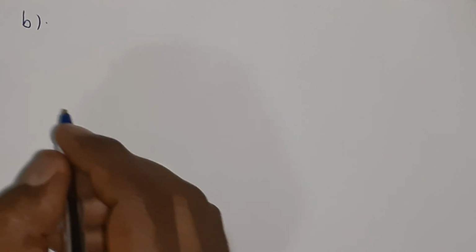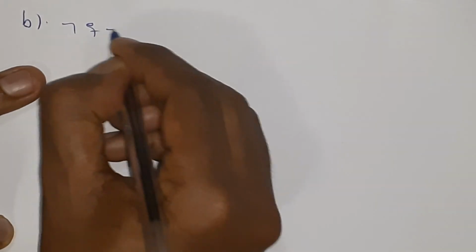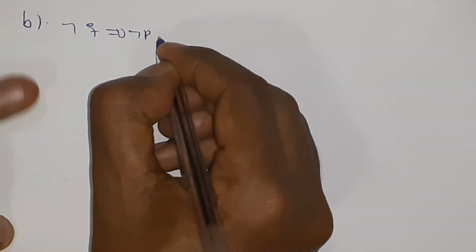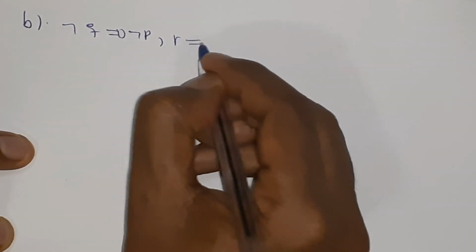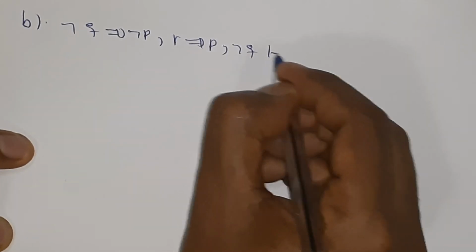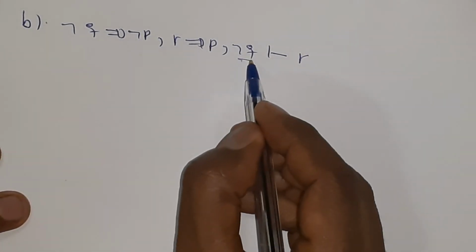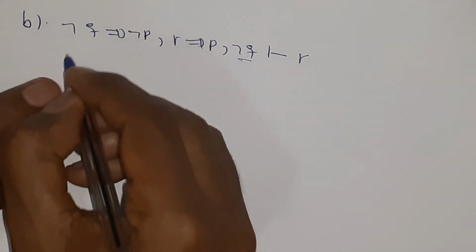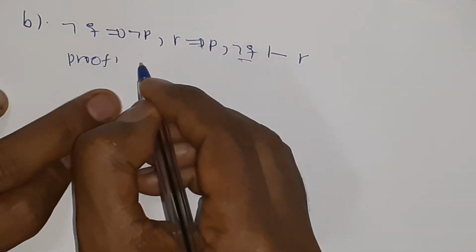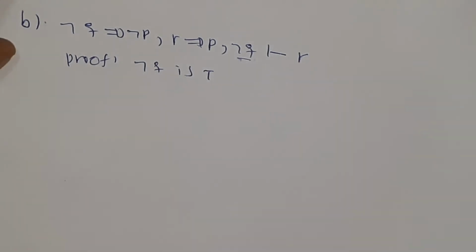Right. The second one, that is B. What we are given here is negation of Q implies negation of P, the first premise. Second one is R implies P. Negation of Q, and the conclusion is R. So let us start from the single statement, that is negation of Q again. We know that negation of Q is true since it is a premise.